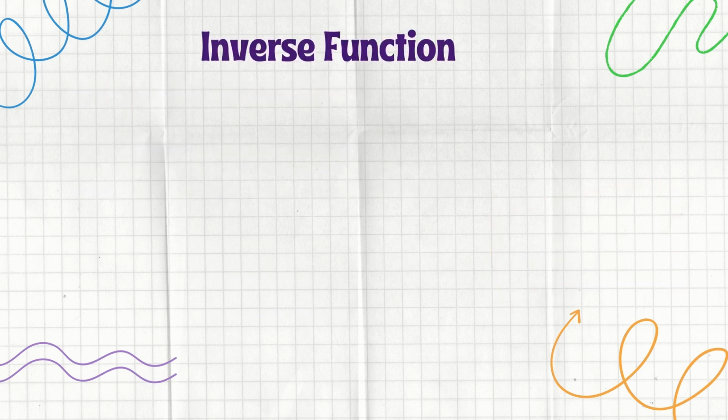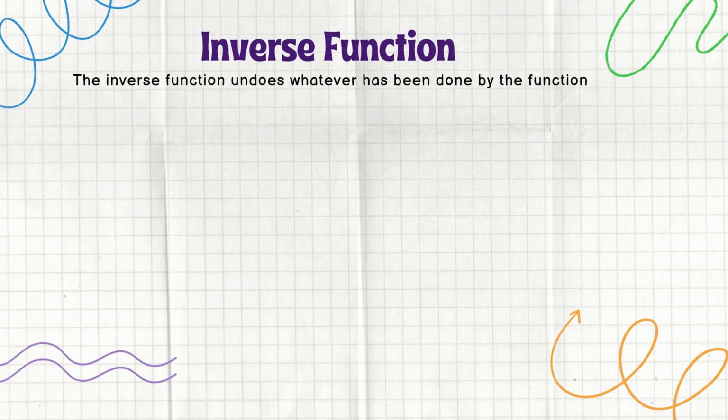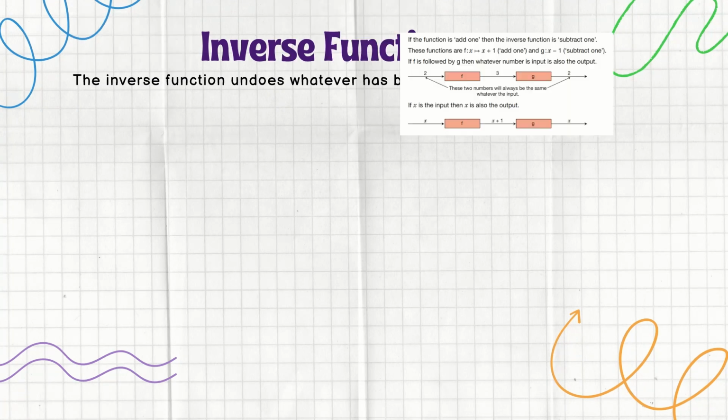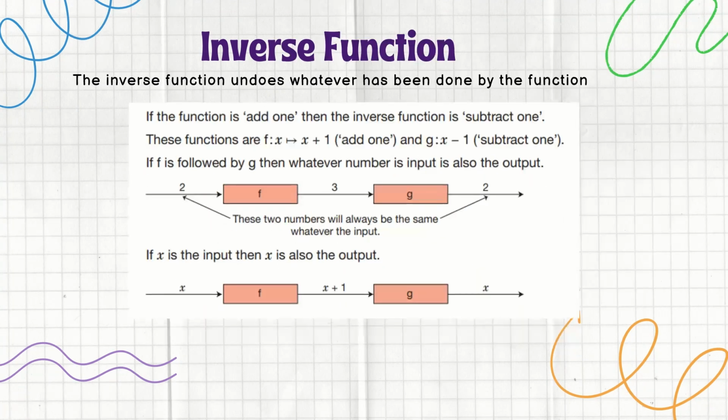We continue to inverse functions. The inverse function undoes whatever has been done by the function. So, if the function is add 1, then the inverse function is subtract 1. For example, f(x) is x plus 1, add 1.